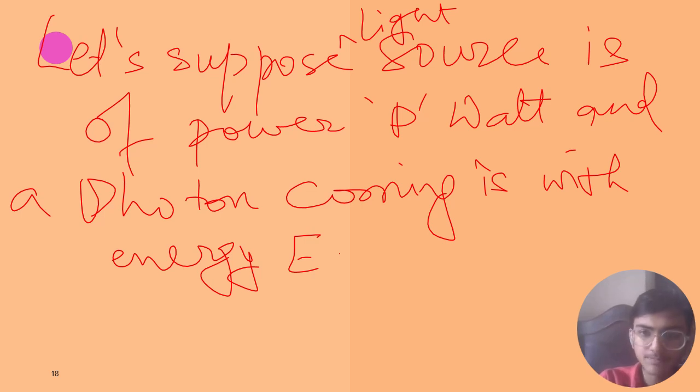So when we interpret power in terms of energy, we can understand how we get dNp by dt.